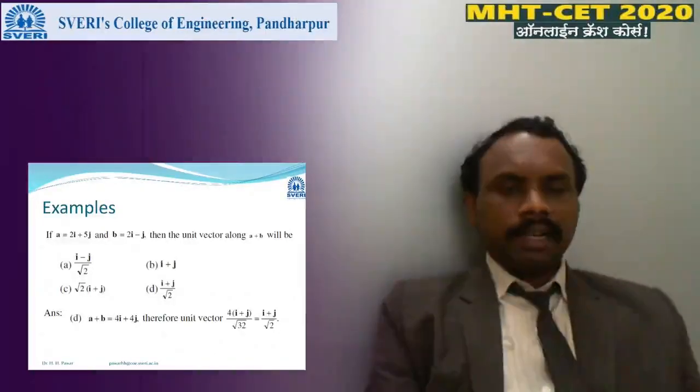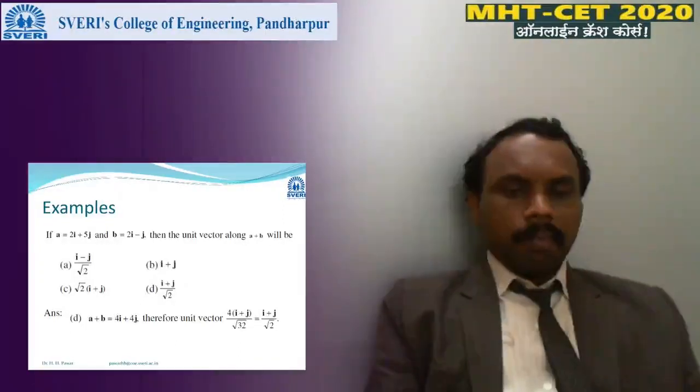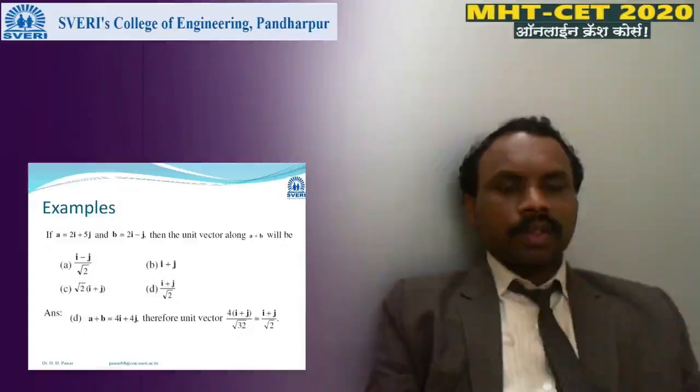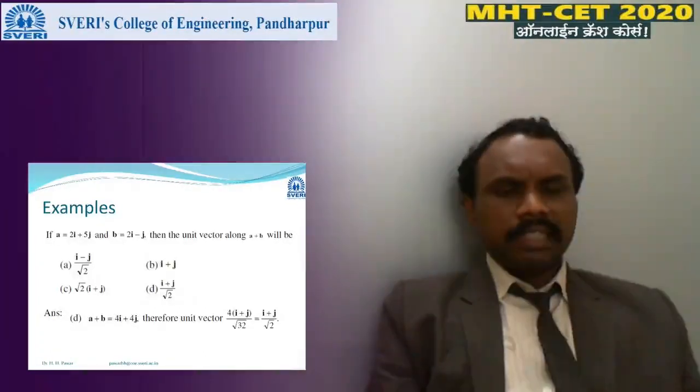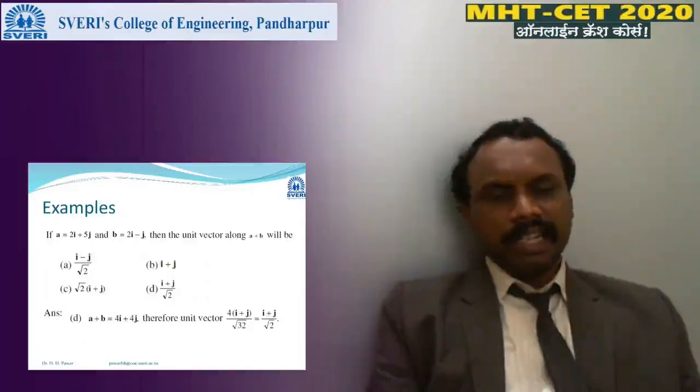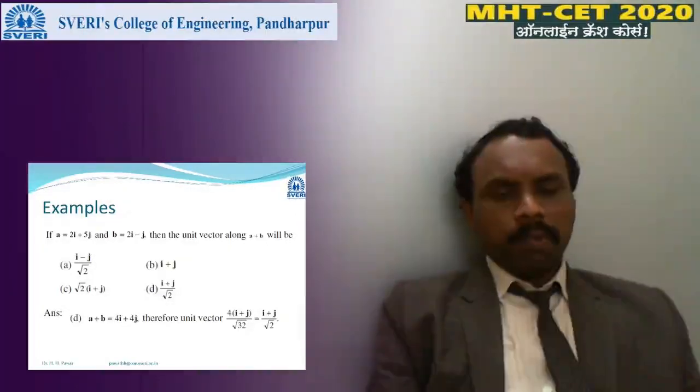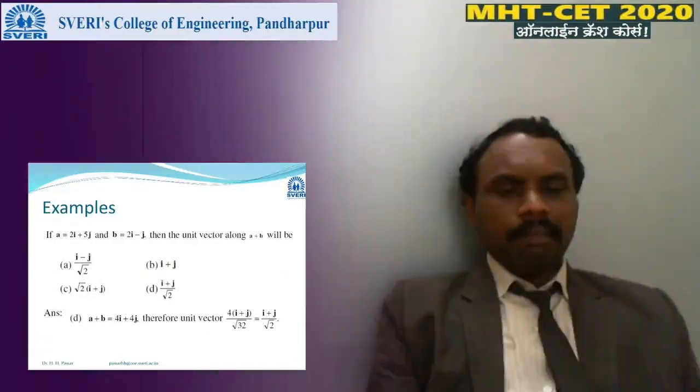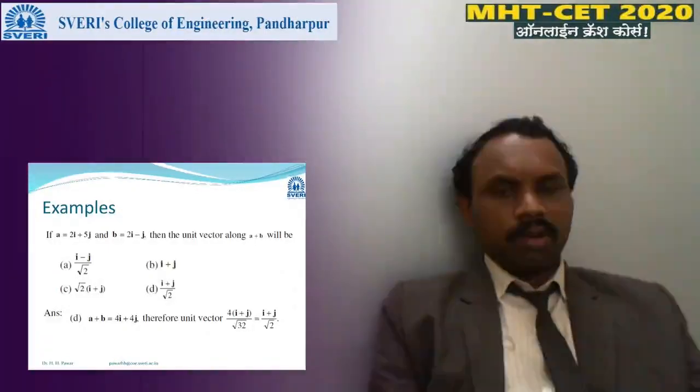Therefore the unit vector along a bar plus b bar is 4i plus 4j divided by square root of 32, that is 4 taken common, i plus j divided by 4 root 2. Square root of 32 can be written as square root of 16 into 2, the square root of 16 taken outside is 4. So here 4 gets cancelled and we'll get i plus j divided by square root of 2.